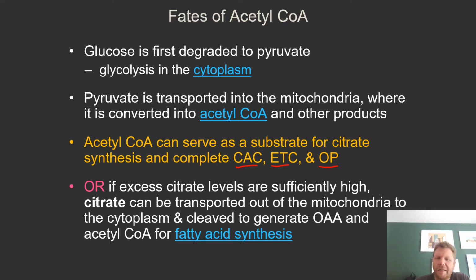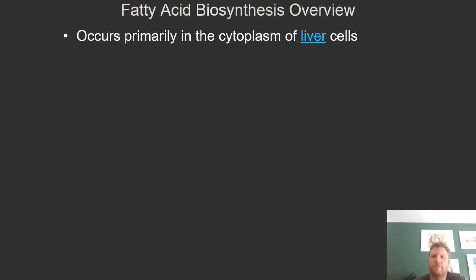Or if there's excess citrate, citrate can be transported out of the mitochondria to the cytoplasm to generate oxaloacetate and acetyl CoA for fatty acid synthesis. So if there's too much citrate, then you're going to go in the route of fatty acid synthesis.